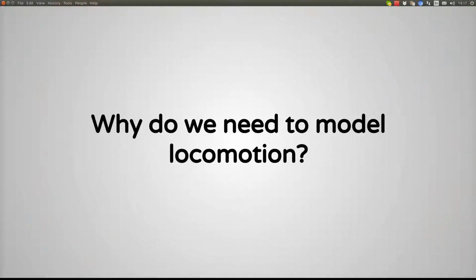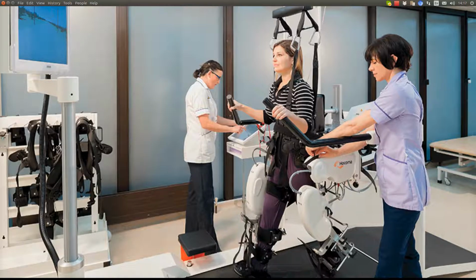It's not necessarily obvious, but certainly robotic devices, such as the one in this picture, have been widely used already in aiding gait rehabilitation. So helping people perhaps who have suffered from stroke or other kind of injury, spinal injury potentially, to recover their walking ability through practice.